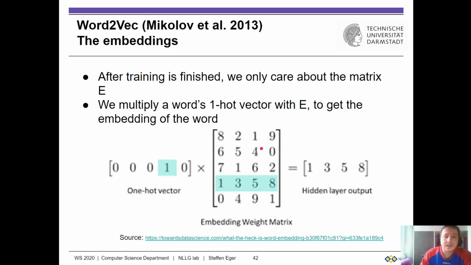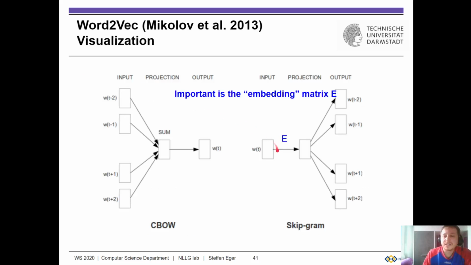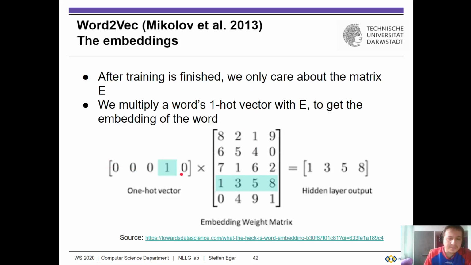And why is it doing this? Let's look at the illustration. As I've said, after training is finished, we only care about the matrix E. And what we do is we multiply: the operation being conducted here is a multiplication of the input vector, which was a one-hot vector, with this matrix E. And when we do a multiplication of a row vector with a matrix, we get exactly the row vector that is at position I in the matrix.